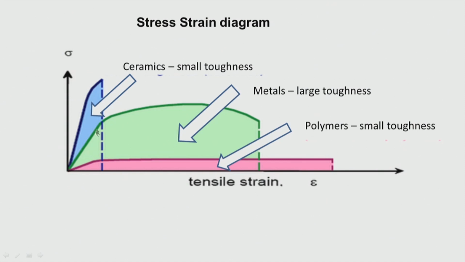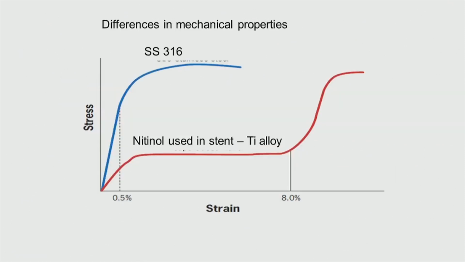As you can see, polymers have the lowest modulus and the smallest toughness. This picture, you remember from long time back, we have been comparing metals, polymers and ceramics in this fashion.